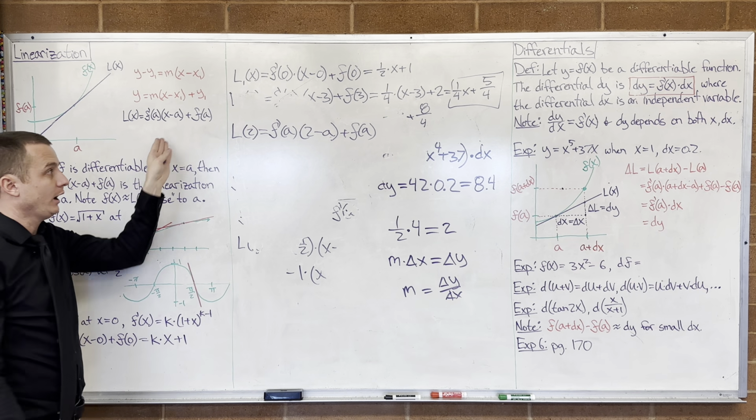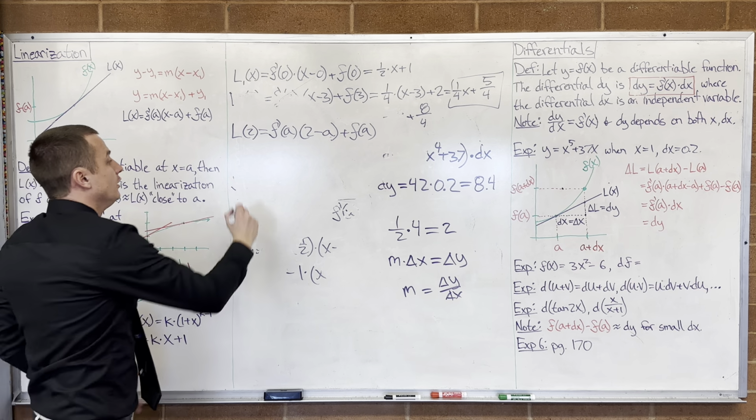So what do I get now if I take L and I plug in a plus dx? Was there an x in this part? No, so that's still just f prime of a, that doesn't change. Times a plus dx minus a, plus f of a. And now tell me what L of a is equal to.